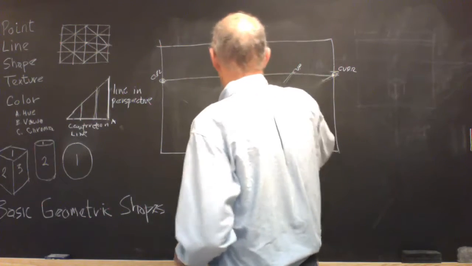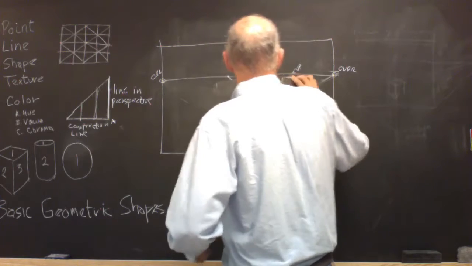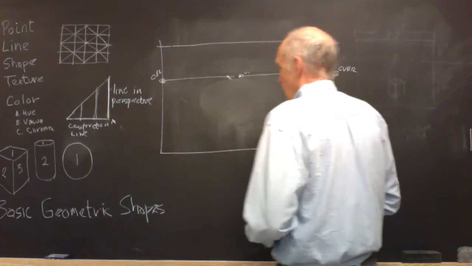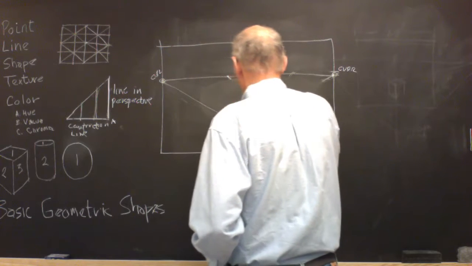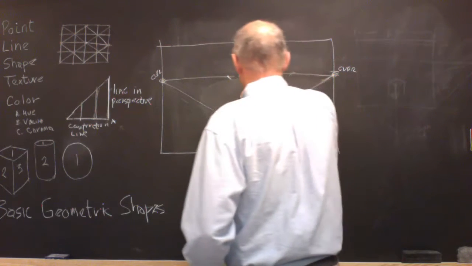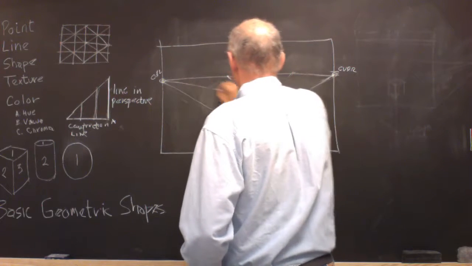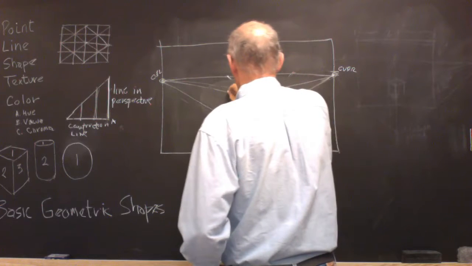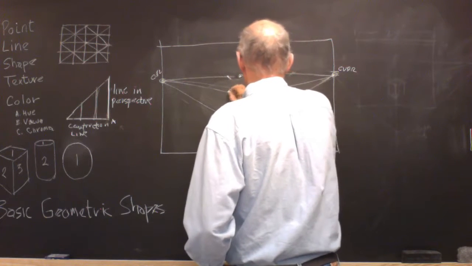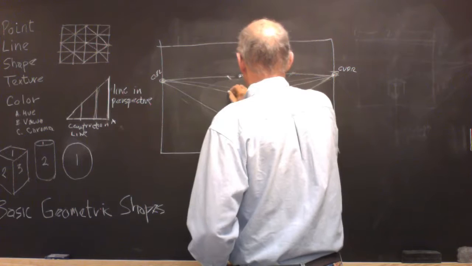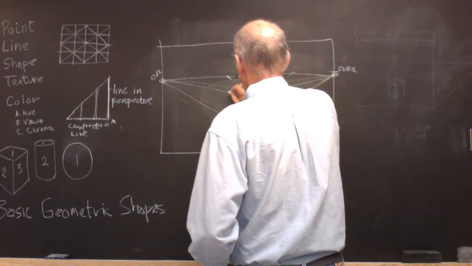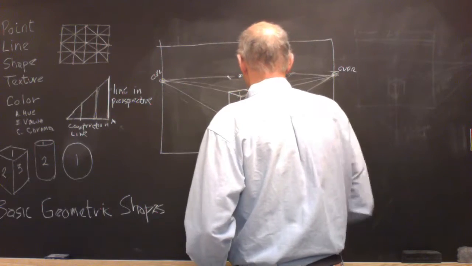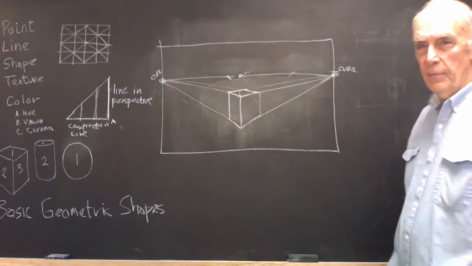We're going to draw a block in 2-point perspective, distorted, and we're going to cut 3 steps out of this.